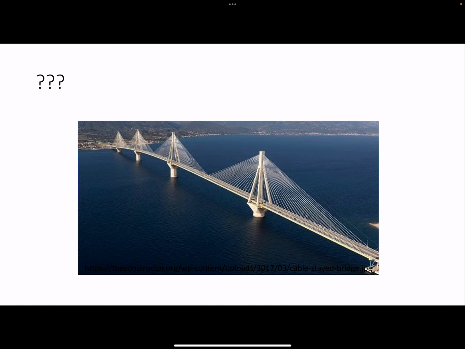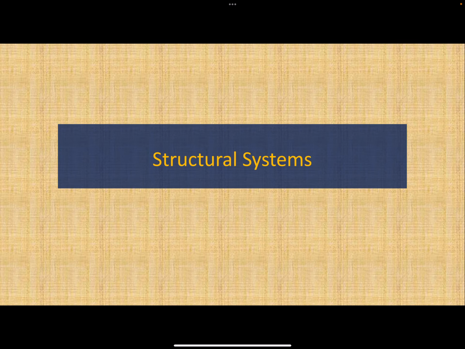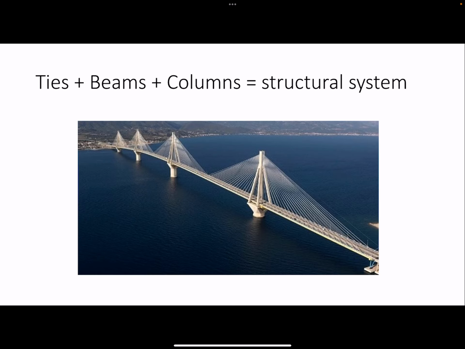Yep, you need some long beams to span between those columns. And then technically we could also throw in some flat plates for the road surface, right? So ties and beams and columns are basically the backbone or the skeleton of this cable-stayed bridge, right? And so that essentially is a structural system, all right?